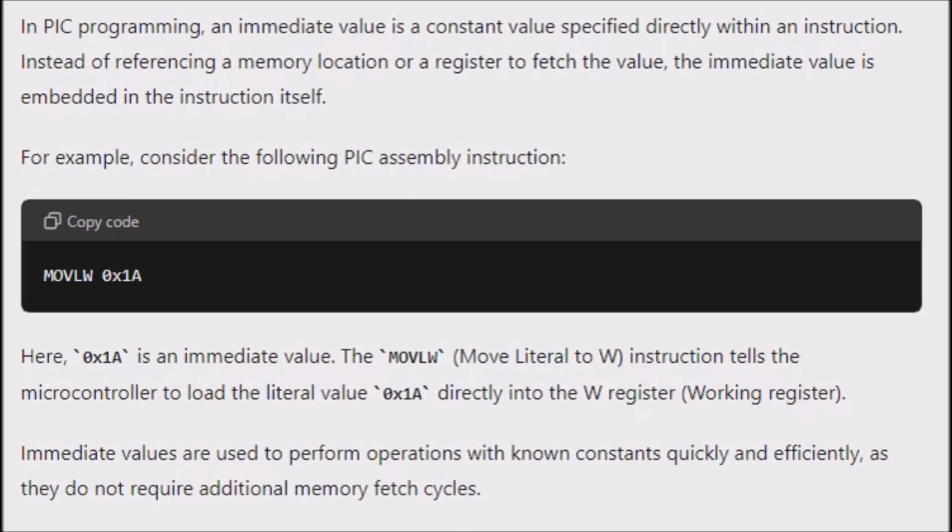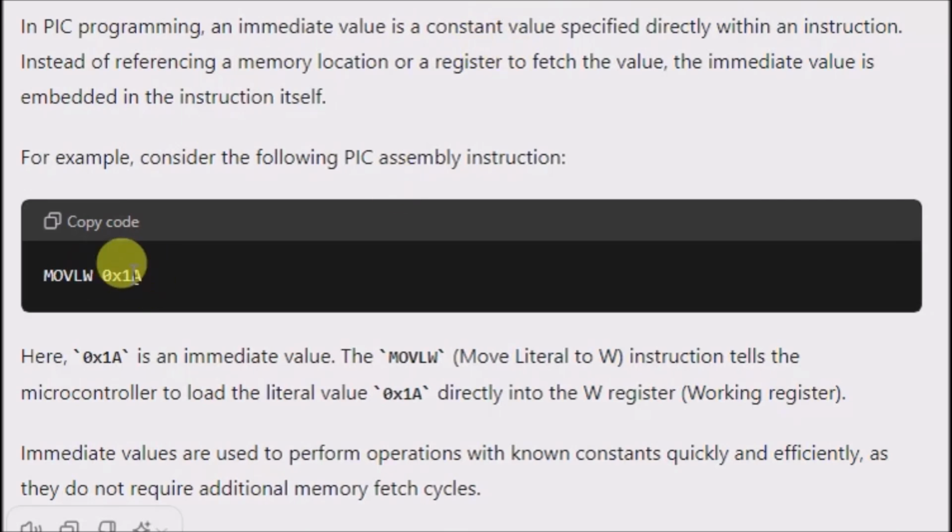Immediate values are used to perform operations with known constants quickly and efficiently, as they do not require additional memory fetch cycles. What I gather is that an immediate value is a constant value.